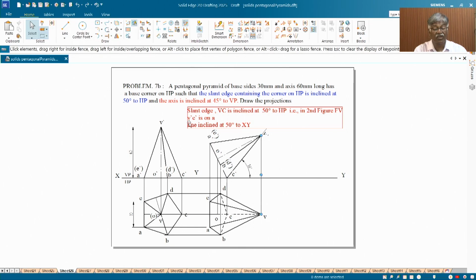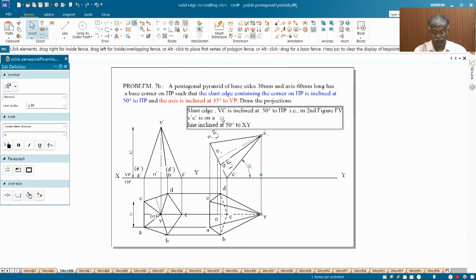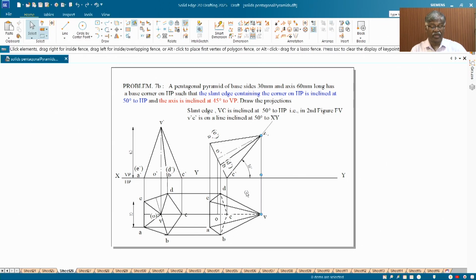Okay, you have to refer to XY only. Now after getting this, you project and complete the figure.